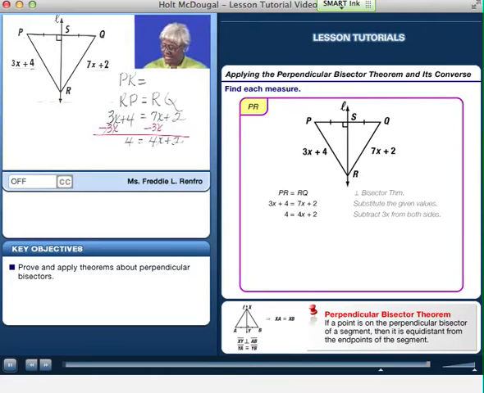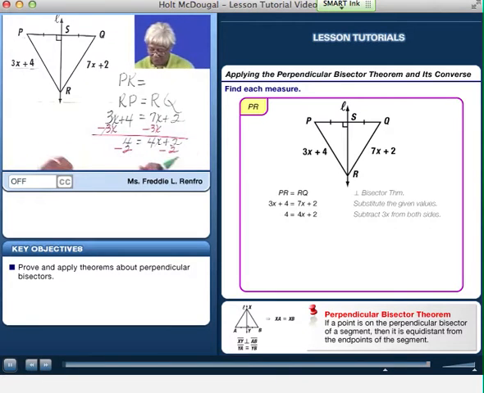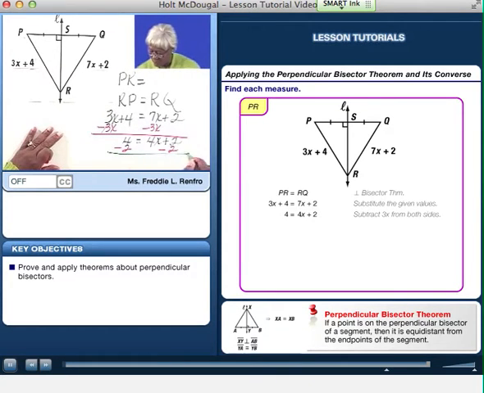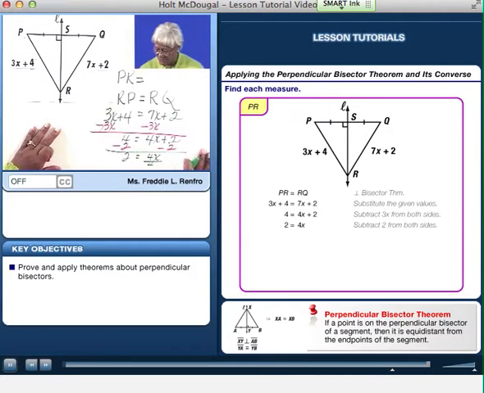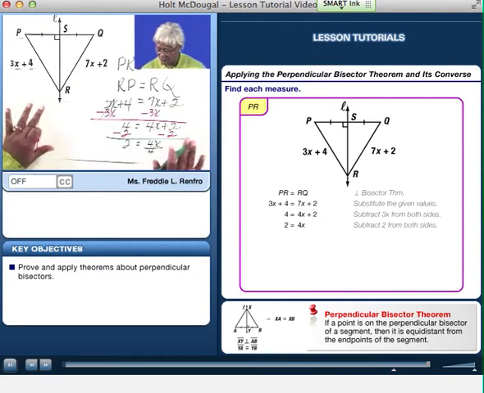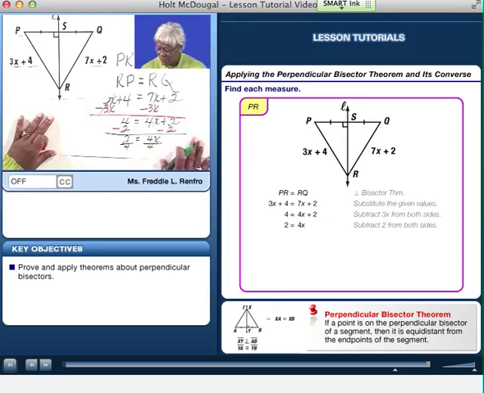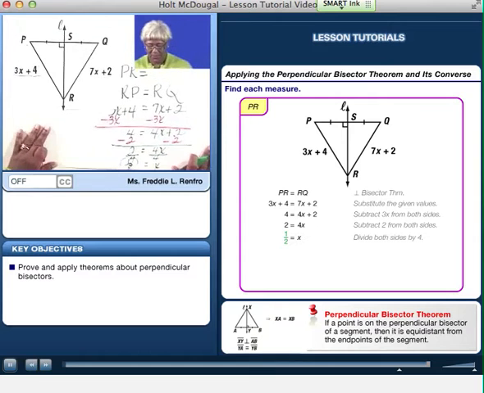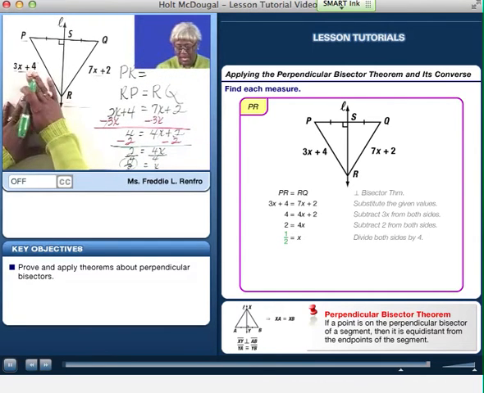Okay? And then we're going to subtract 2 from both sides. And we're going to get 4x is equal to 2. And divide both sides by 4. And we get x is equal to 1/2. Okay, 1/2. Let's go back.